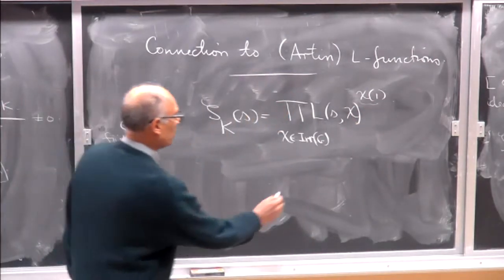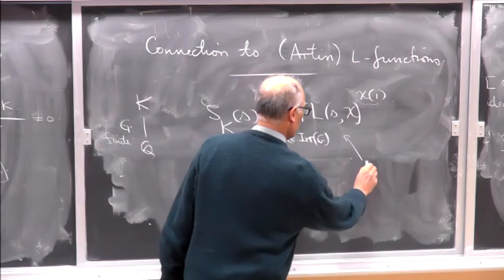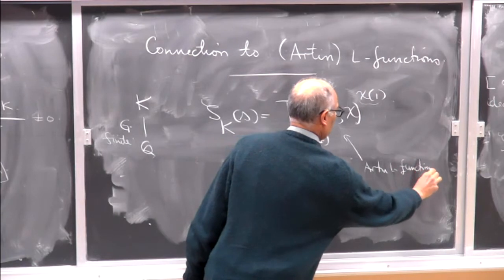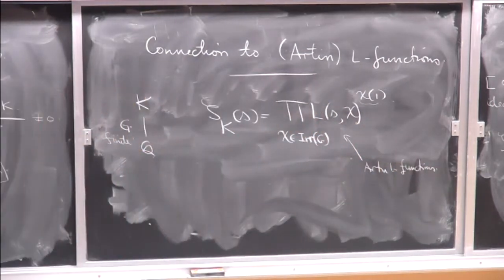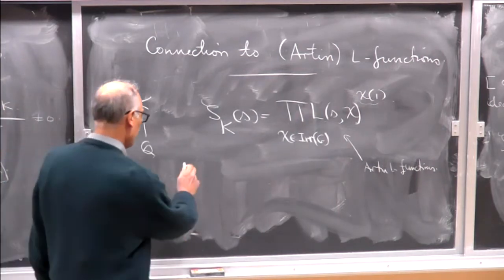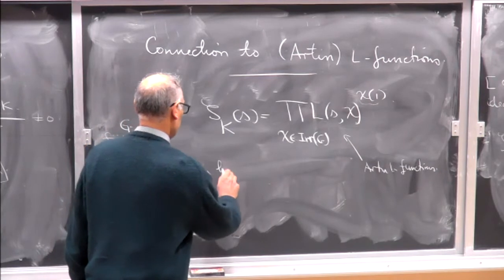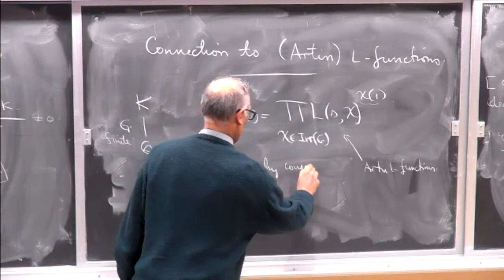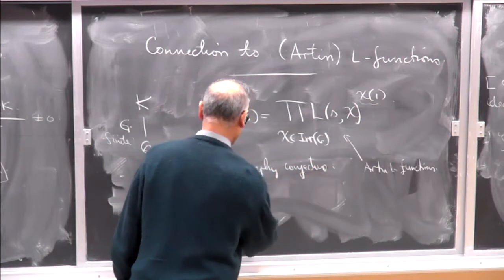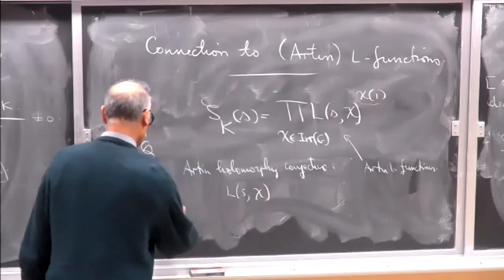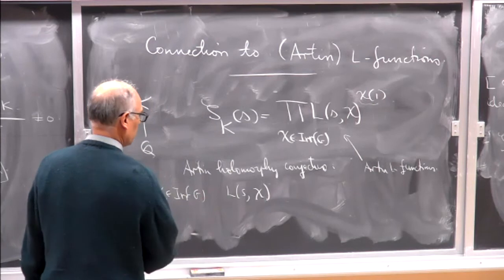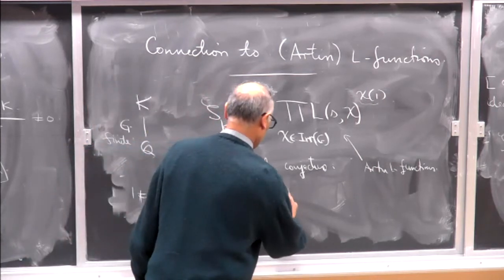These L(s, chi)'s, whatever they are, we don't really need to know the details for now. These are certain Artin L functions, which can be defined associated to each representation of G. Moreover, one of the big problems in this area is the so-called Artin holomorphy conjecture. And that is that L(s, chi), if chi is an irreducible character and not the trivial character, then this thing is entire.